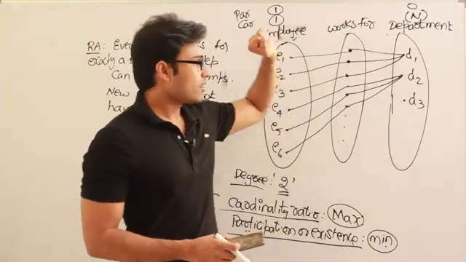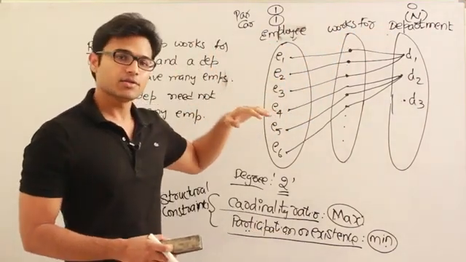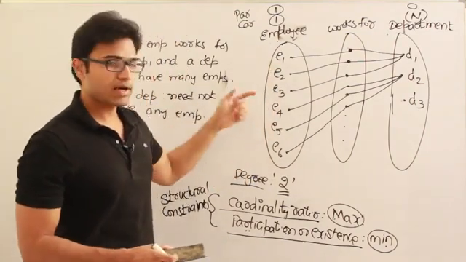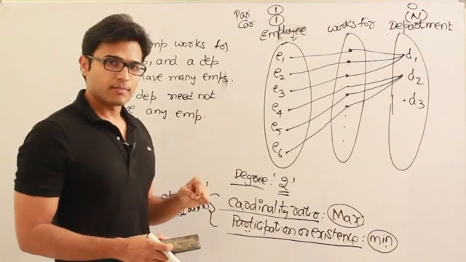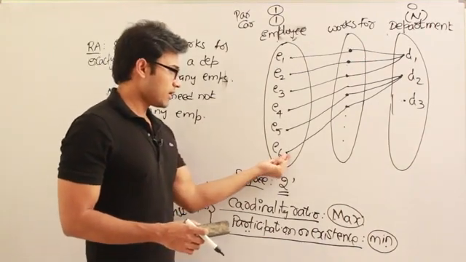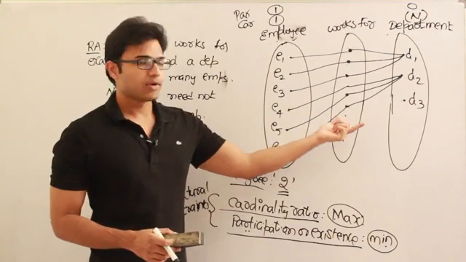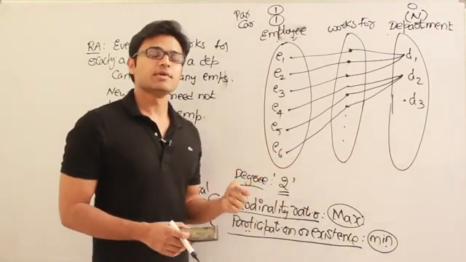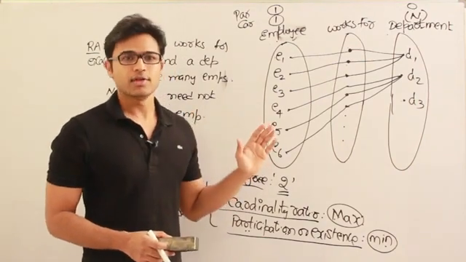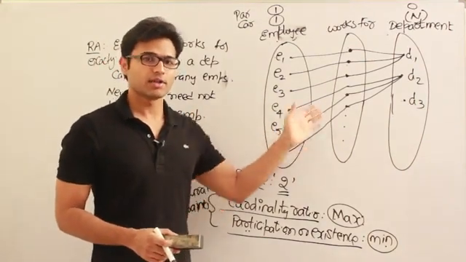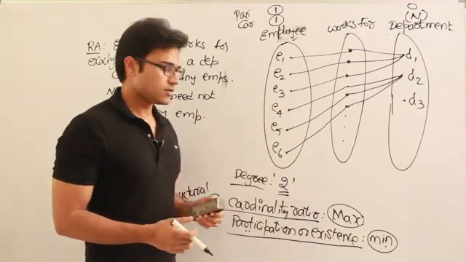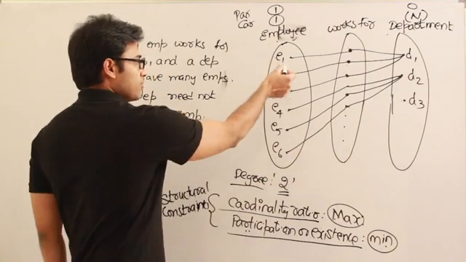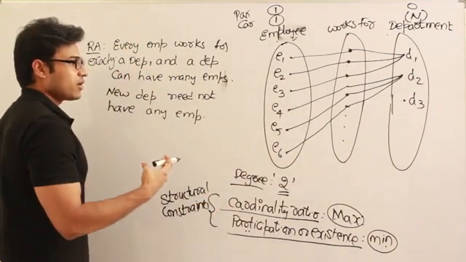Got it? And now what about the minimum? That depends on whether they are participating at all or not. We have a constraint saying that every employee has to work for exactly one department, which means there should not exist any employee who is not working in any department. That is why it is also sometimes called an existence constraint, which means the employee has a constraint of existence.